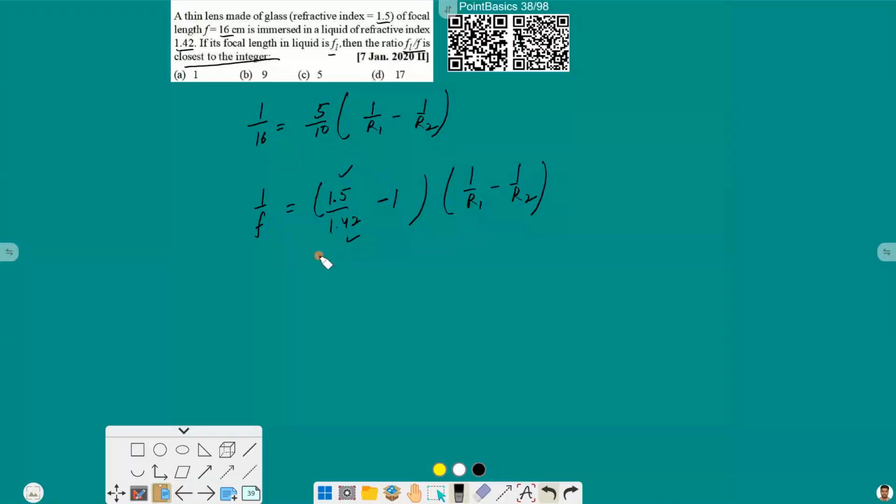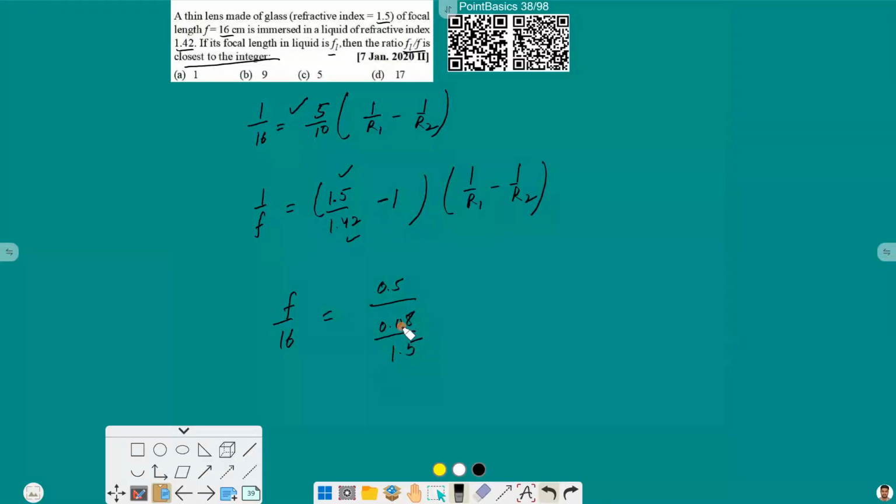Now we can divide both of these equations, and from that we will get that f by 16 is equal to 0.5, that is this term, and solving this we will get 0.08 by 1.5.